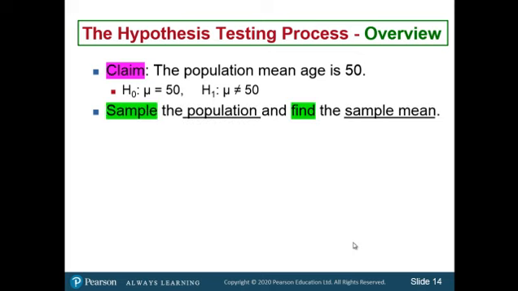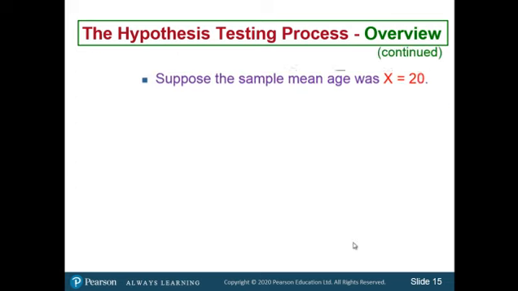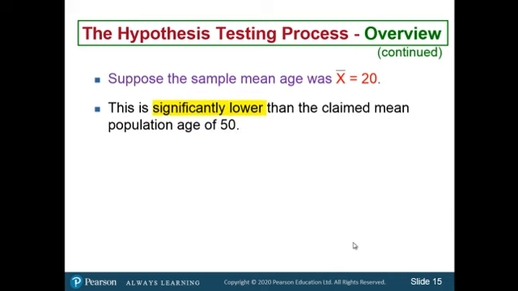After we have written our hypotheses, we sample the population and find the sample mean. Suppose the sample mean age was 20, so x bar is equal to 20. That is significantly lower than the claimed population mean age of 50.